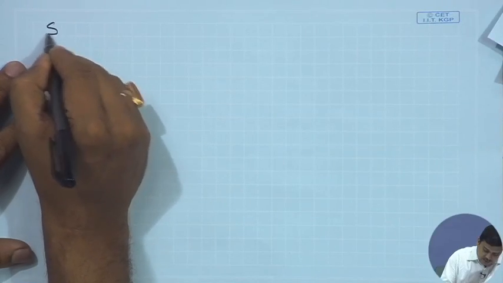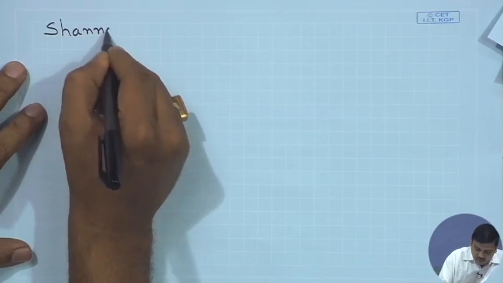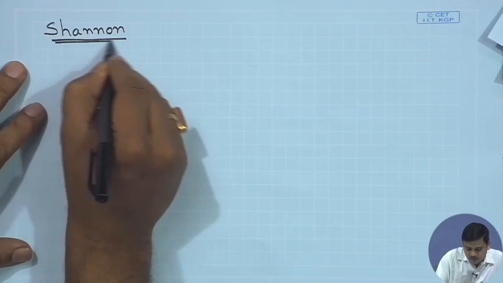So we can summarize what we said, and this is primarily due to Shannon. That is where we are talking about information theory.